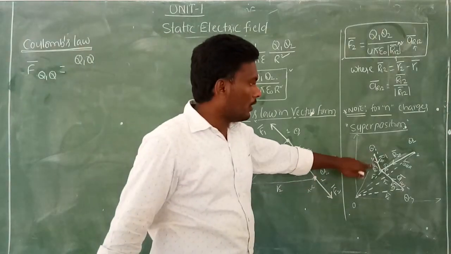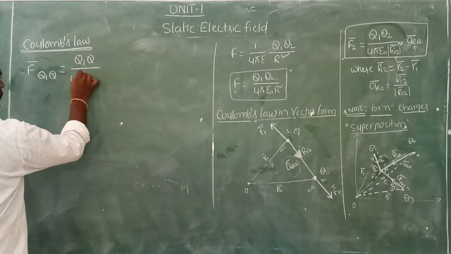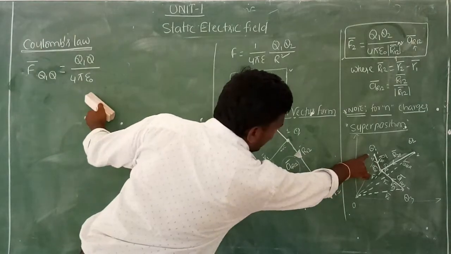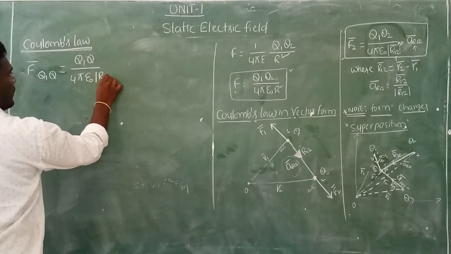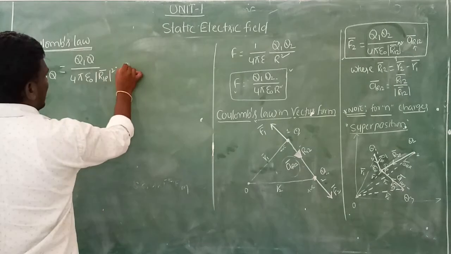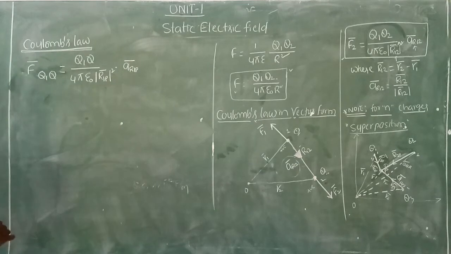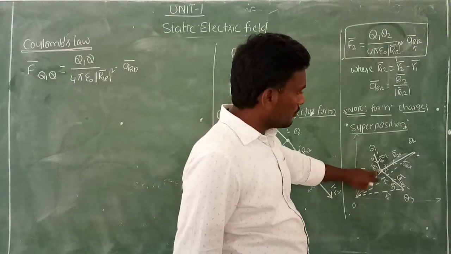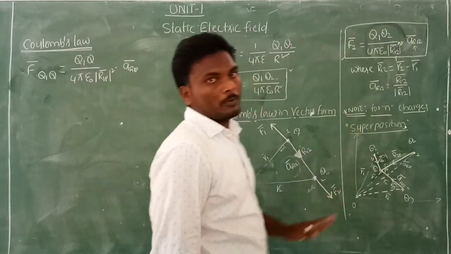Only Q1 and Q. So it is directly proportional to Q1 Q by 4 pi epsilon naught. And what is the distance between Q1 and Q? Clearly R1P bar, so the magnitude is R1P bar whole square, and the direction is a R1P bar. Whenever we consider these two charges, other charges we do not take into account, according to the principle of superposition.